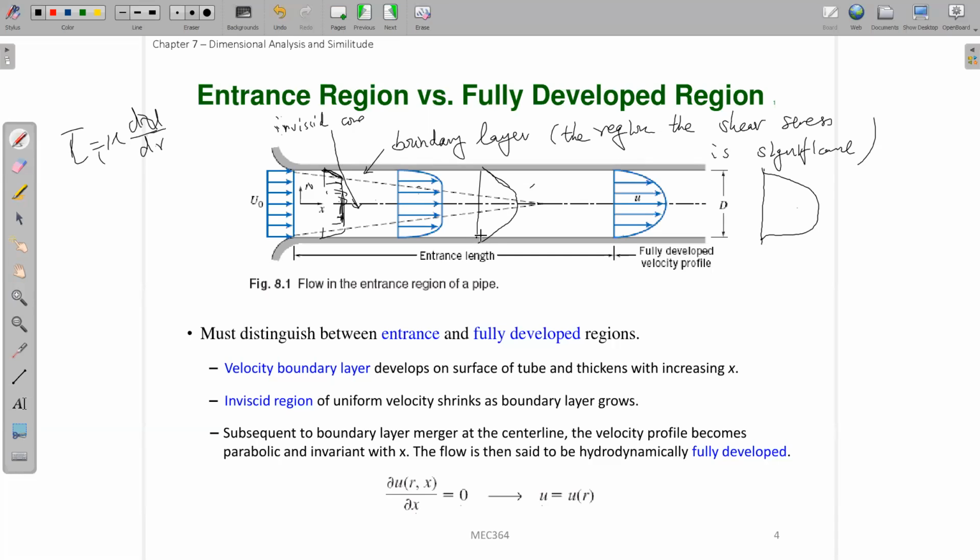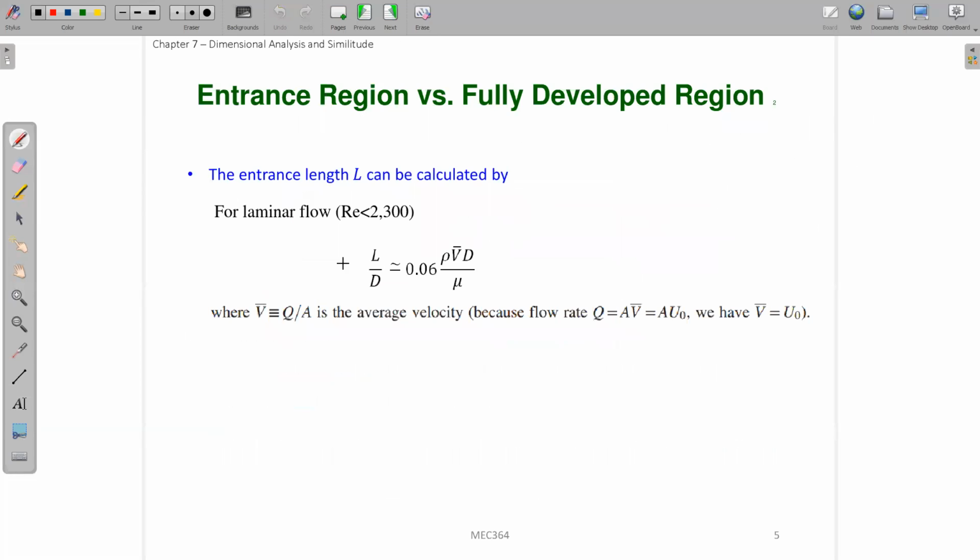And how do we determine the entrance length? Again, it's determined by experiments. For laminar flow, when the Reynolds number is smaller than 2300, the entrance length L divided by the pipe diameter D is approximately equal to 0.06 times the Reynolds number.